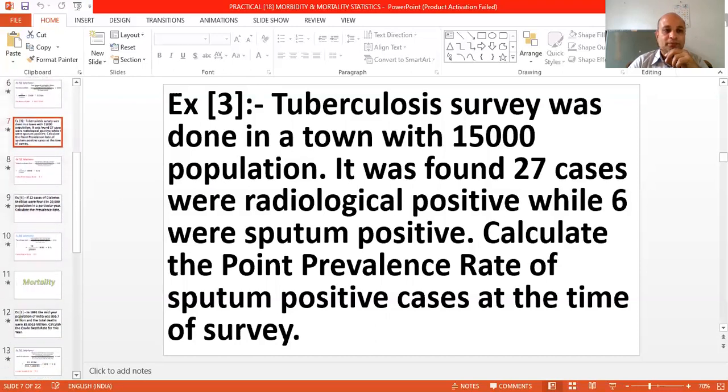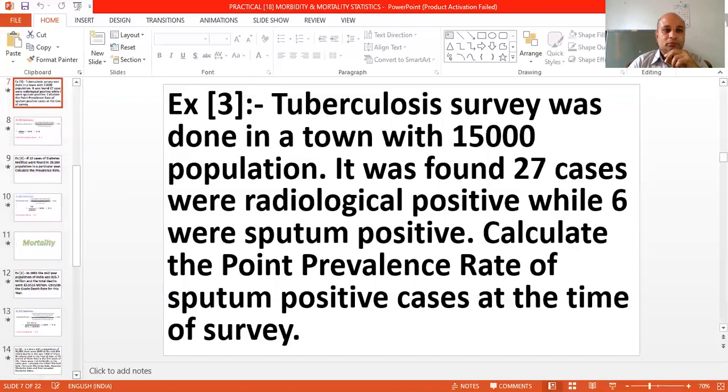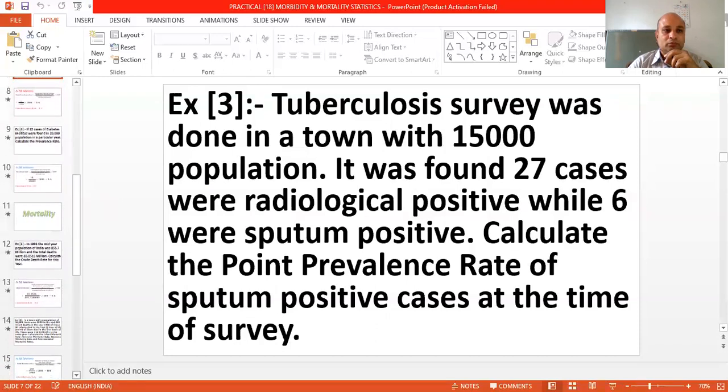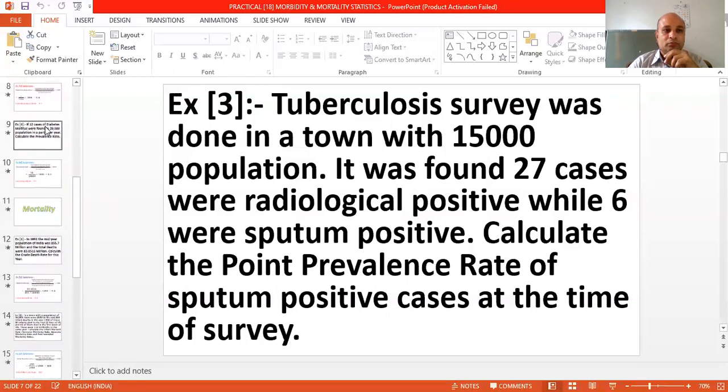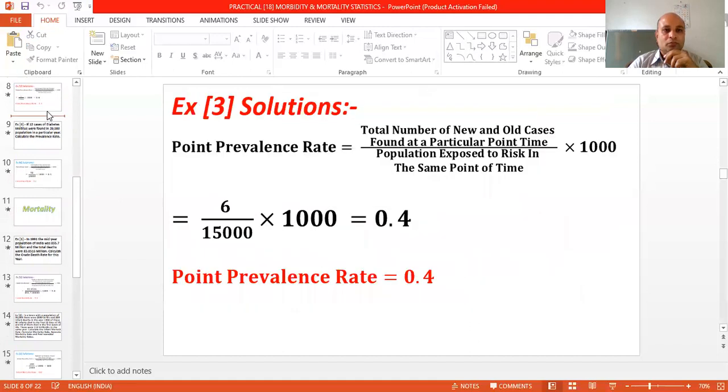In solution, point prevalence rate is equal to total number of new and old cases found at a particular point of time upon population exposed to risk at the same point of time into 1000. Then the point prevalence rate is 0.4.